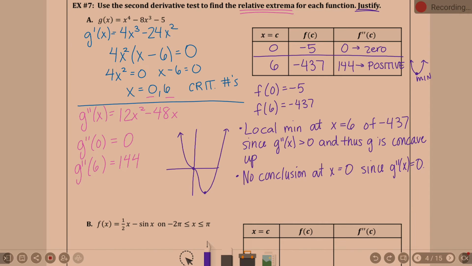Looks like it's going to be an inflection point. Okay, so that's likely a point of inflection, but that's not what they even asked us for, is it? They asked us for extrema. Okay. Does that give us an idea there?